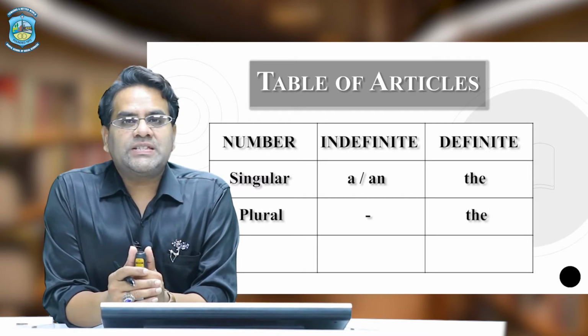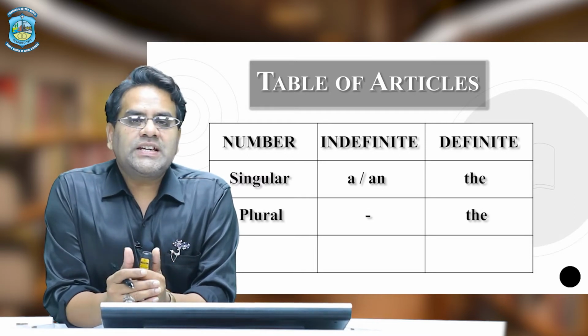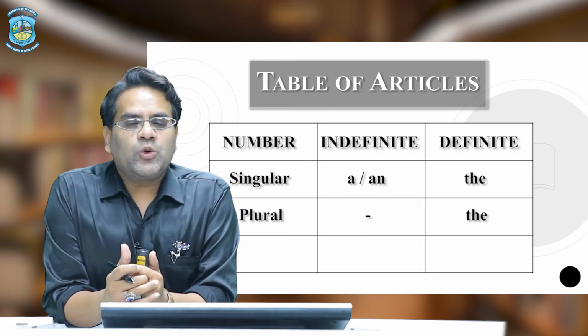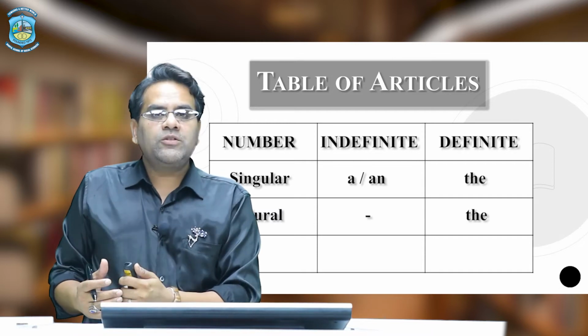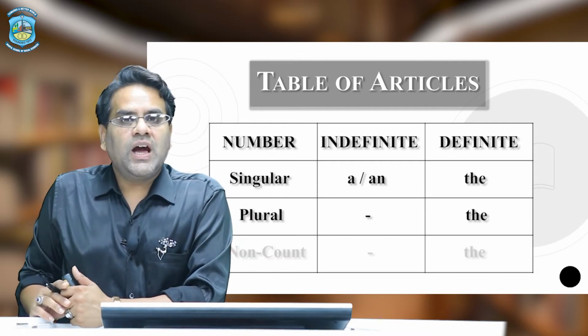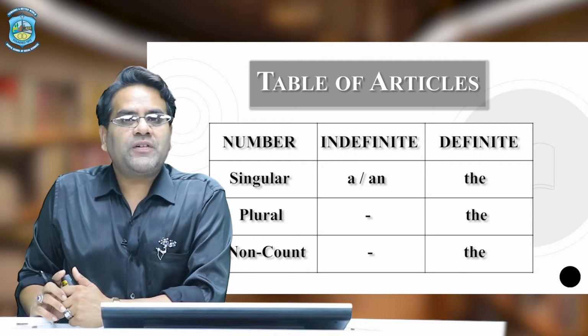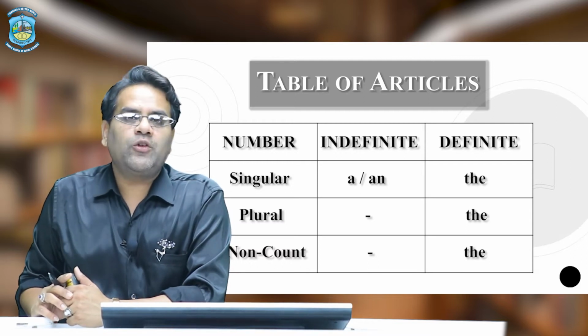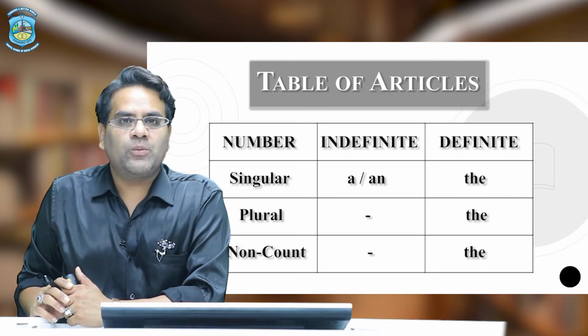In plural, as you can see, we cannot have any indefinite article, but of course it will be available for the definite case. In non-countable nouns, we again find that we only have the for the definite form and not for the indefinite form.